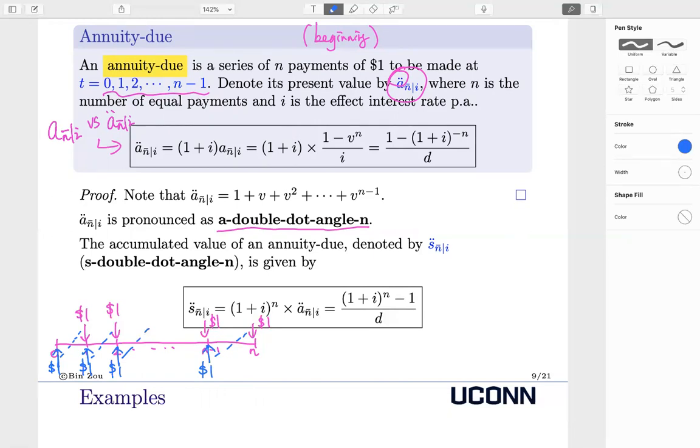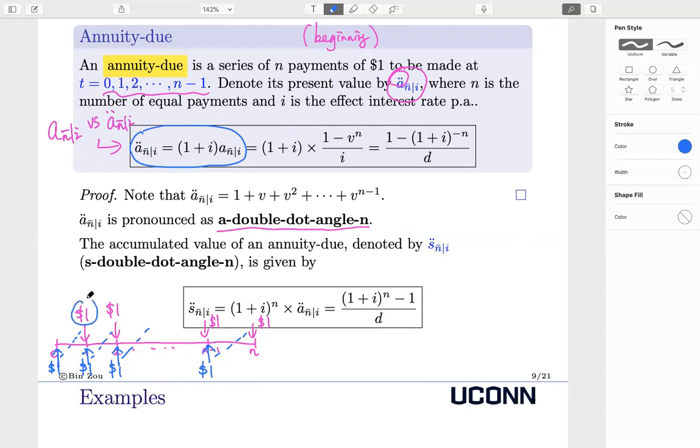So that being said, a double dot angle n is nothing but the previous one times the 1 year AVF. That is exactly the difference, right?